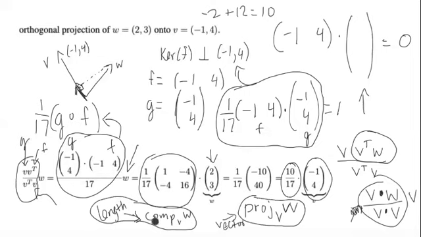So for the computation of comp of W on V, first we would make V into a unit vector. We'd say something like 1 over the length of V times V, and then we would compute this length. So we would replace V with this, it being a unit vector.